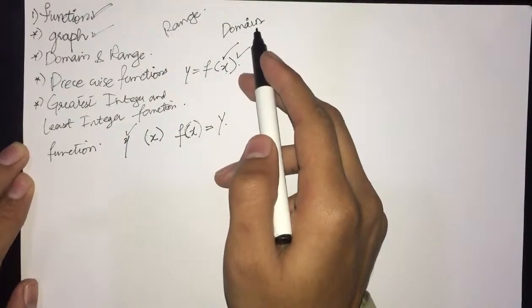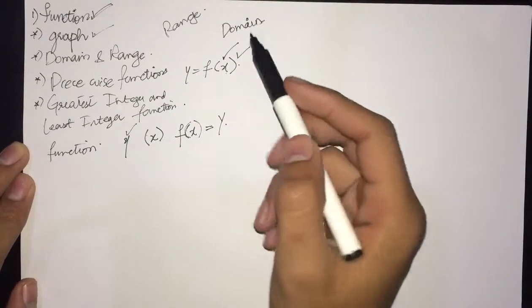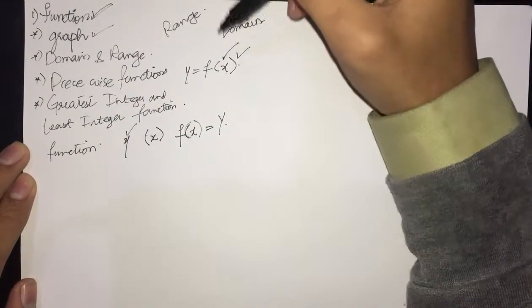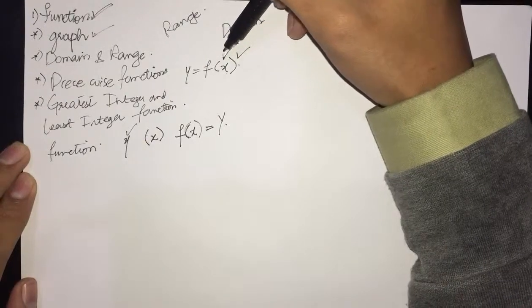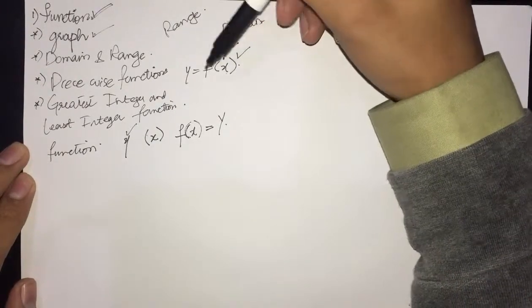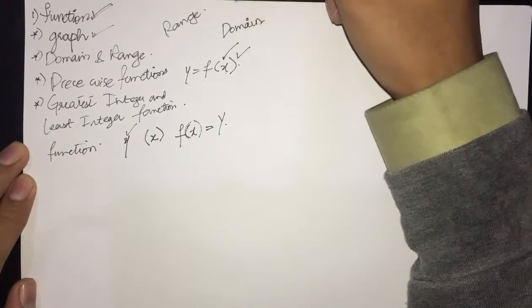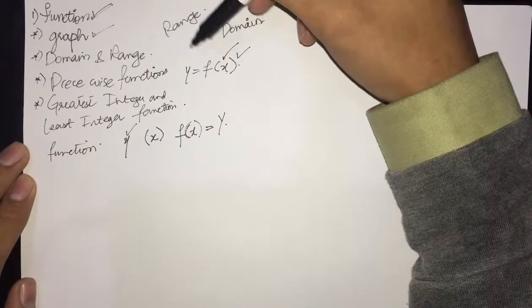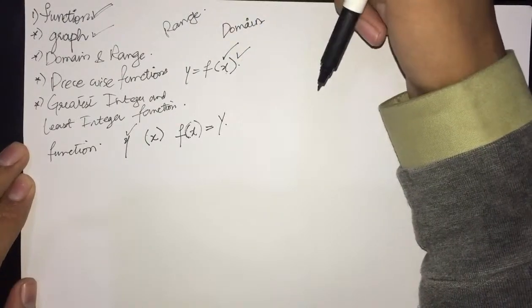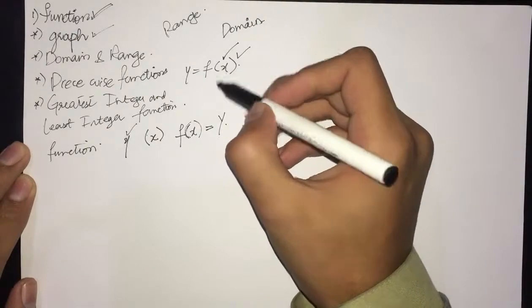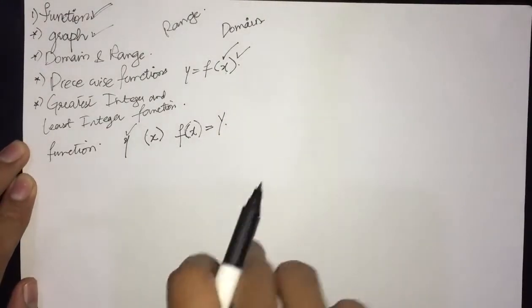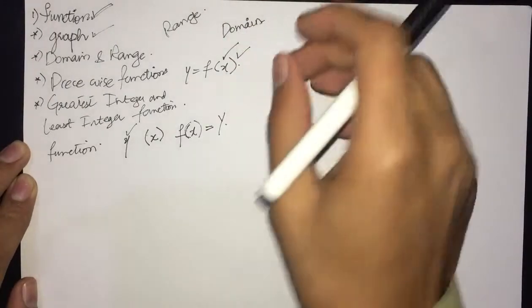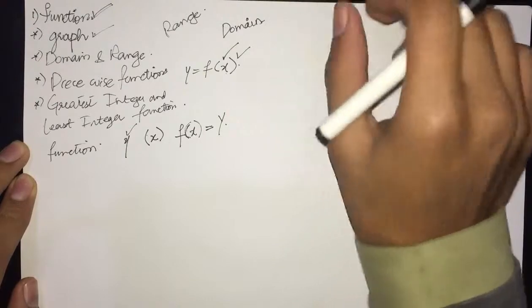But as a standard, what is our standard for our domain and range? We have to input those numbers which output a real value. So the domain will be real numbers, and the range should also be real numbers, unless a condition is in the formula, or a condition is in the question, that it's restricted for its domain or range.